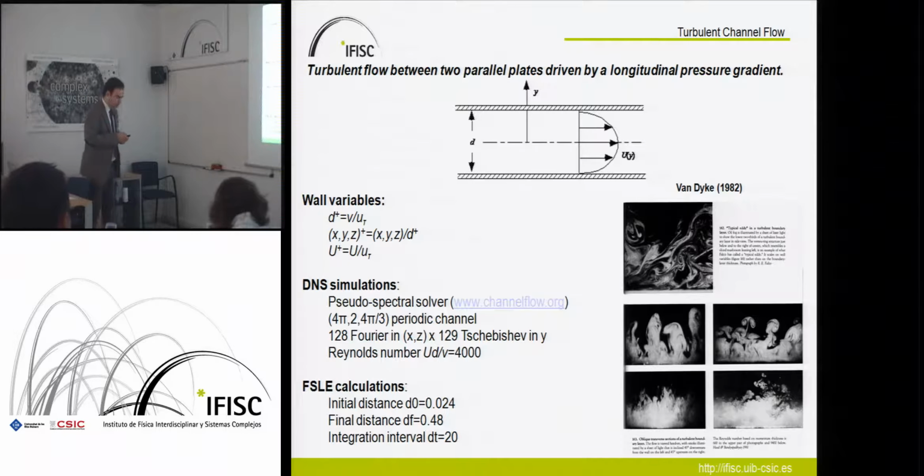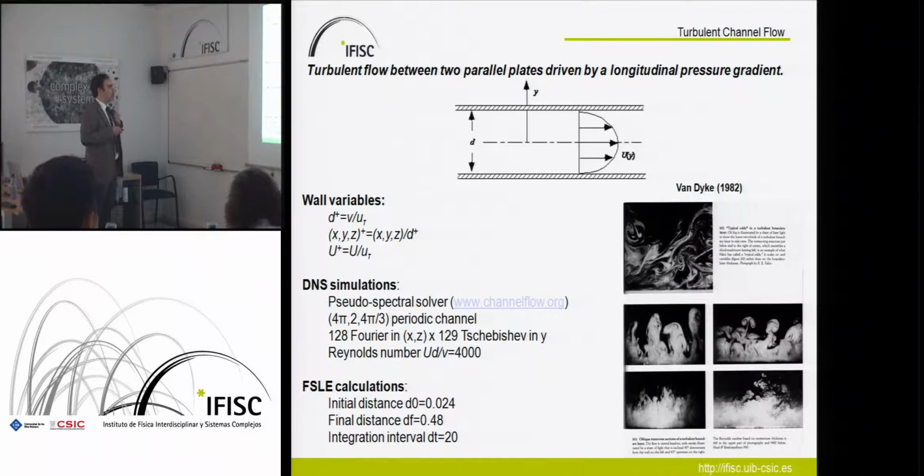So our first study was done in a turbulent channel flow, which is a flow between 2 parallel plates. This flow is characterized by the distance between the plates and also the mean velocity. So most of our results will be expressed in wall variables, which are adimensional variables.